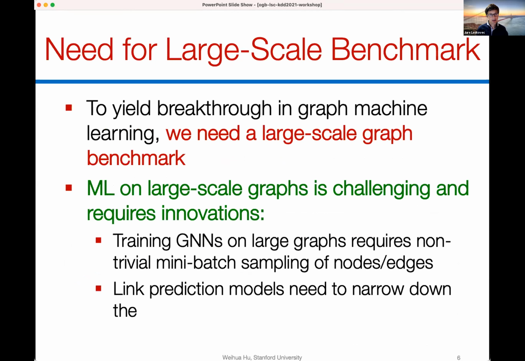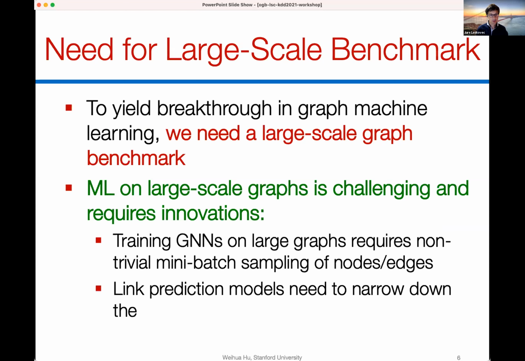However, we also realized that there is need for a large-scale benchmark, right? To basically yield breakthroughs in graph machine learning, we need large-scale data sets. We need a large-scale background graph. And for this, we decided that machine learning on large-scale graphs is another place where we want to invest and basically create a common benchmark where, again, community can develop methods.